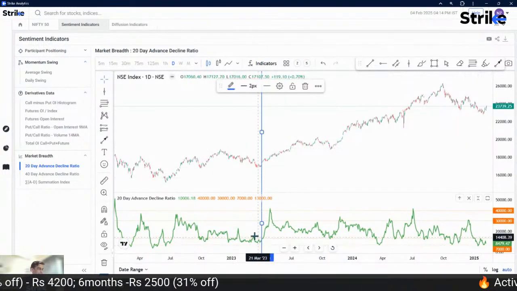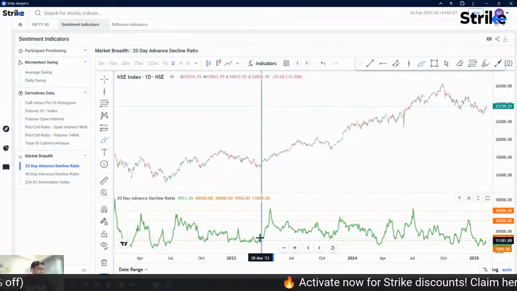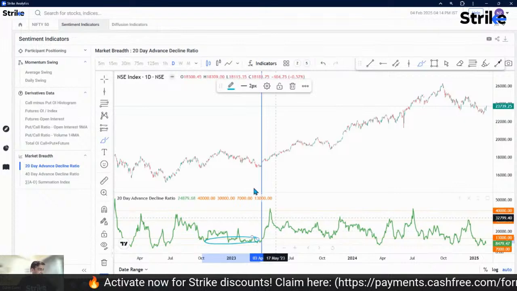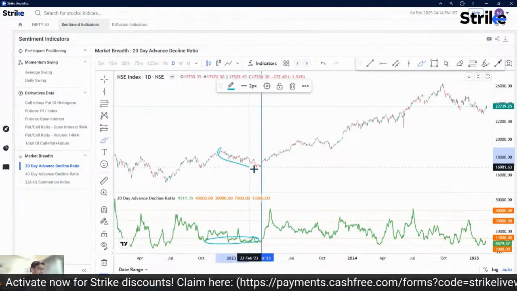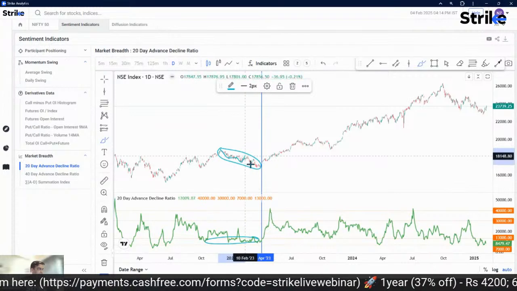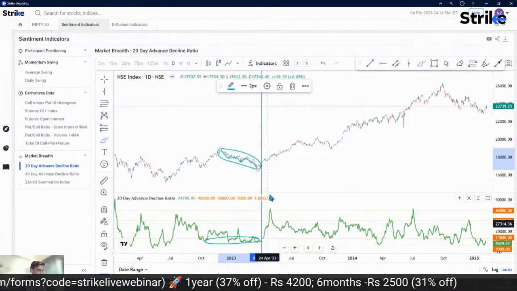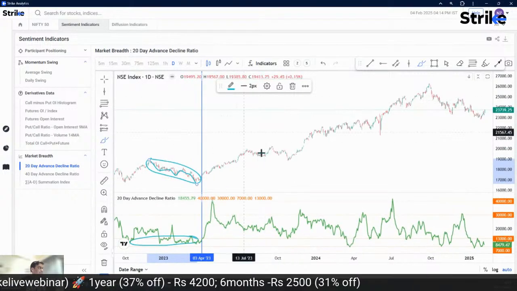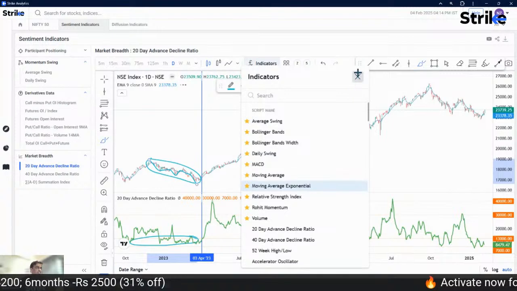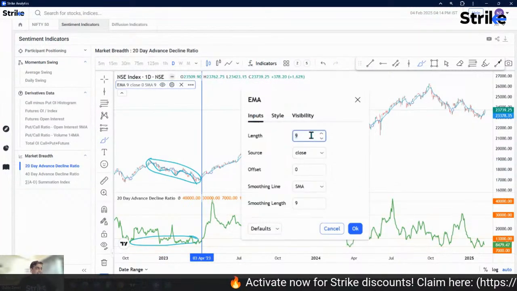Now look at this, this could also happen. It is very important for us to understand that this indicator can remain continuously over here, and till that time the market can continue to make lower highs and lower lows and continue downwards. But when from the oversold it bounces back nicely, the best thing to do is put an exponential moving average to combine with this indicator.